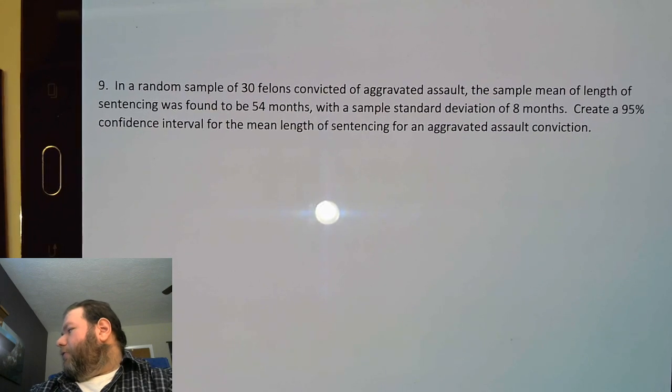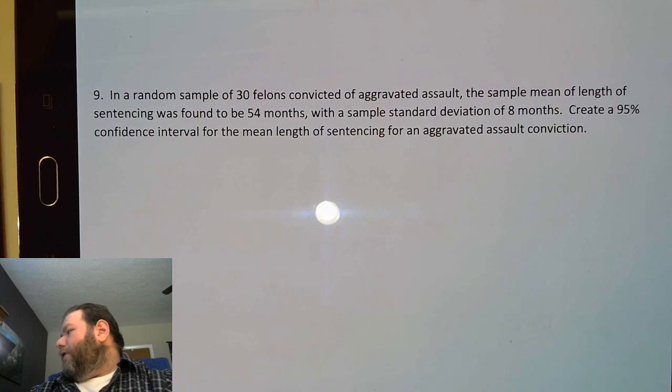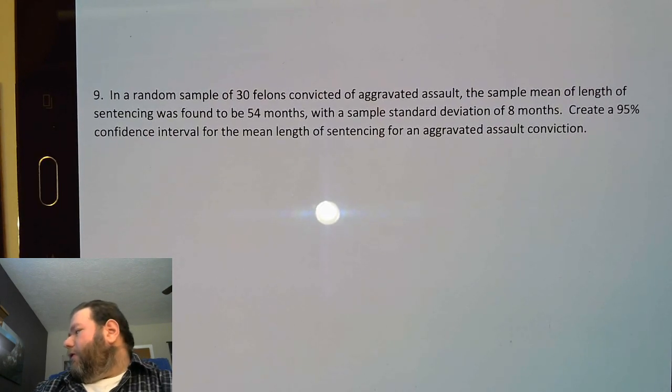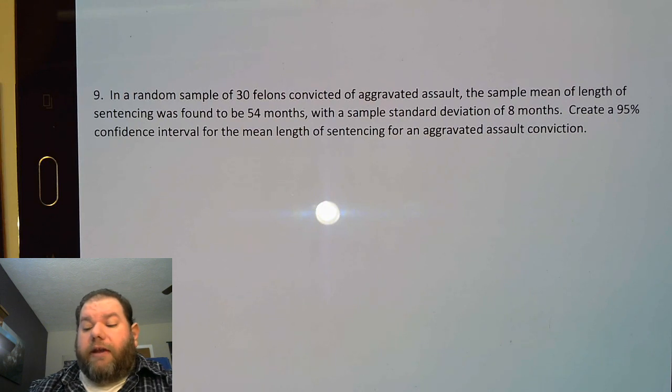In a random sample of 30 felons convicted of aggravated assault, the sample mean of length of sentencing was found to be 54 months, with a sample standard deviation of 8 months. Create a 95% confidence interval for the mean length of sentencing for an aggravated assault conviction.